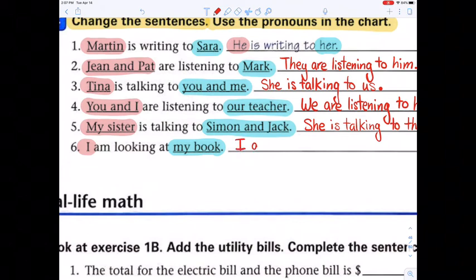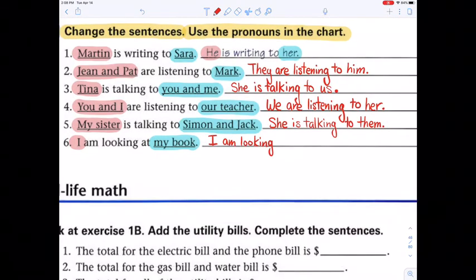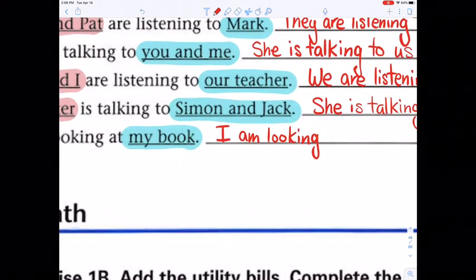So I am looking at my book. Is my book a person or a thing? Yes, it's a thing. So I am looking at it.